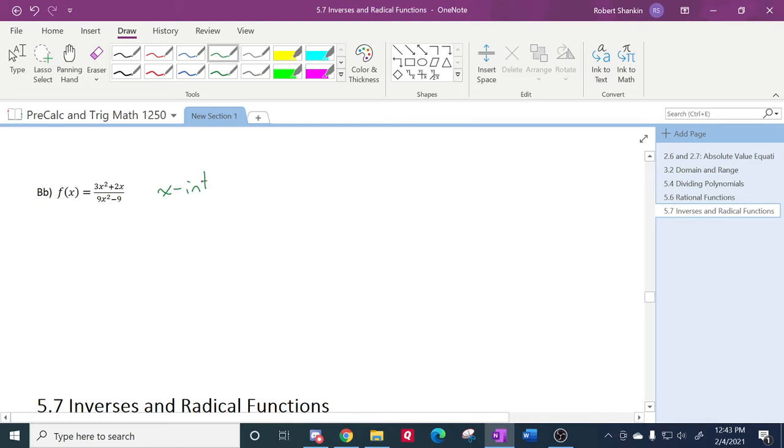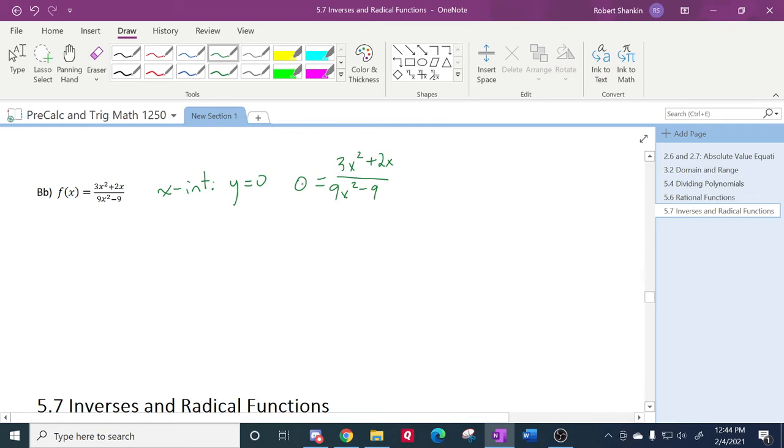x-intercept, set the y to be 0. Now 0 is equal to (3x squared plus 2x) over (9x squared minus 9). Now when you set the denominator to be 0, that will give you the vertical asymptotes.